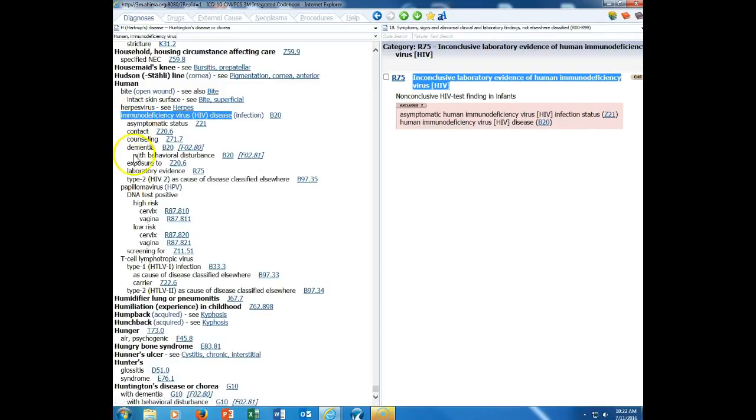So in the index, there's not a subterm that includes inconclusive. So laboratory evidence is what we would have to choose from the index to take us to the code for the inconclusive laboratory evidence.